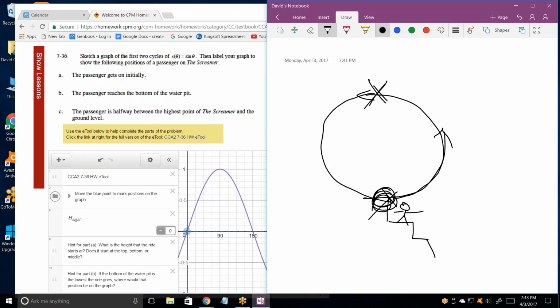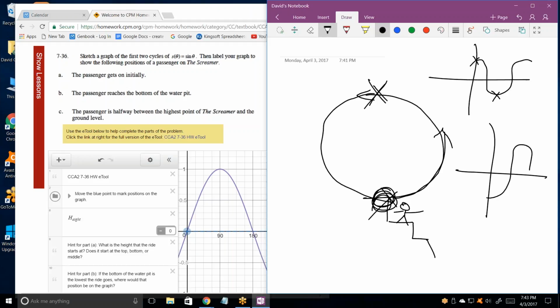I don't know. Notice what the cosine function does. Gets on at the top and then goes to the bottom. So this would be a negative cosine function. In other words, it would be symmetrical with the x-axis. It would just be a reflection.